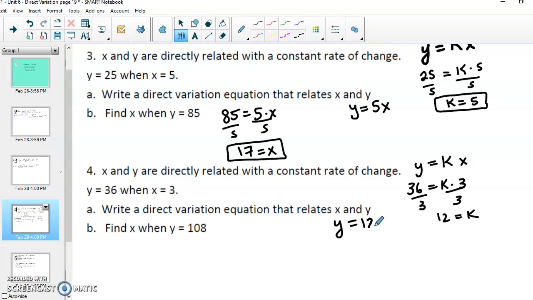So think about this like a $12 item. Find x when y equals 108. So 108 equals 12 times x. All you have to do is solve for x. Solve for x, and you get x equals 9.